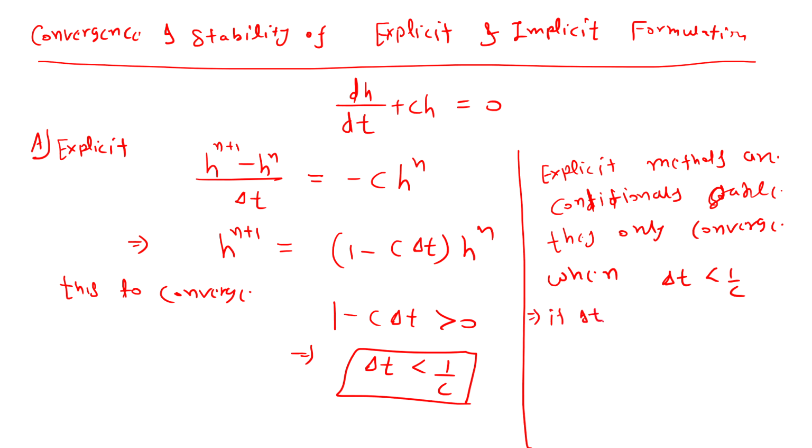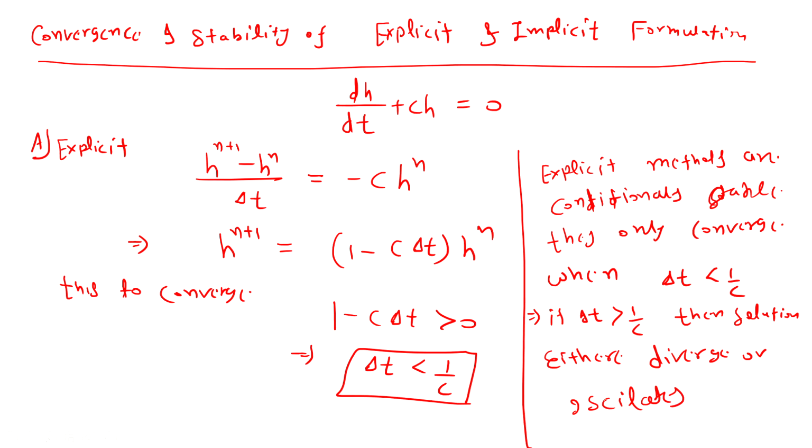If delta t is greater than 1 by c, then the solution either diverges or oscillates. So in most of the cases delta t is taken as 0.1 times 1 by c or 0.1 times tau.